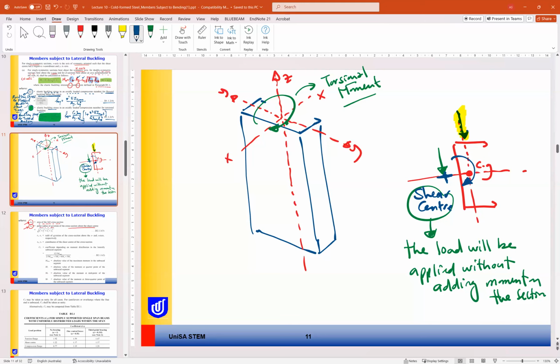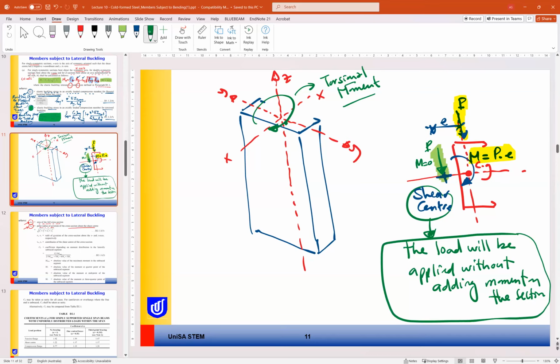This moment will be the distance from here to here, so M equal to B times E. Any section where we apply the load on the flange, not on the shear center, will be under two things: moment and axial load. But if you apply the load at the shear center, like this one here, the moment will be 0. So this is the importance of the shear center for this section.